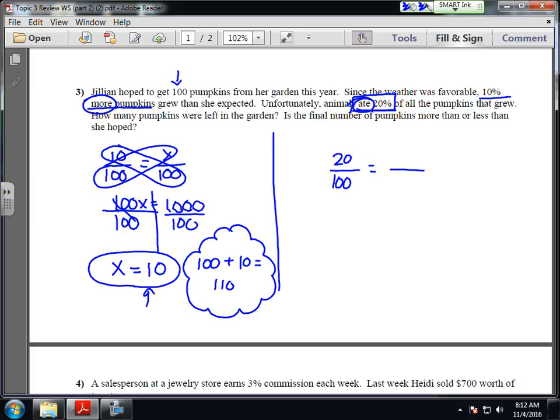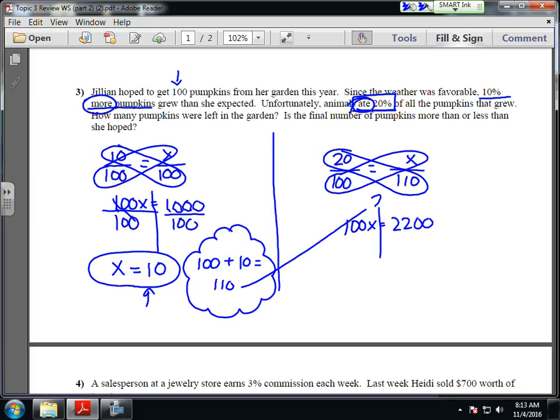What's the new original amount? Yeah, it's 110. And then we're trying to figure out what the change was. All right, so again, I do 100 times x equals 20 times 110. What do I get with 20 times 110? 2200.